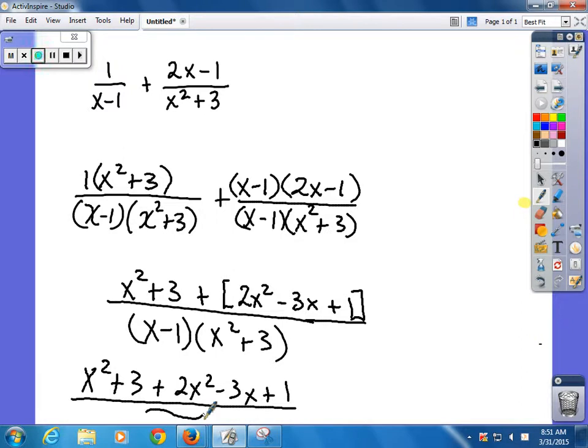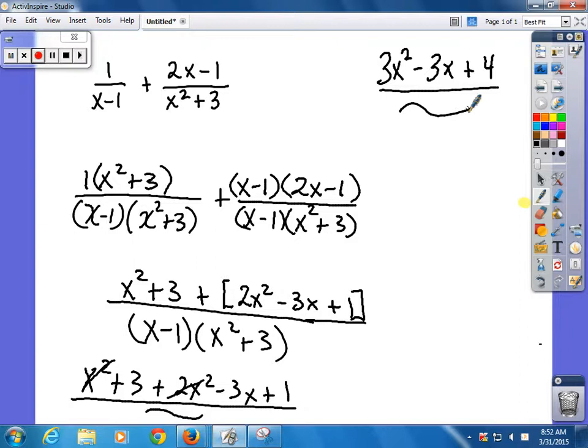And what's x squared plus 2x squared? And that takes out the x squareds. The 3's can't move. The minus 3x. And 3 plus 1 is 4 over squiggle line.